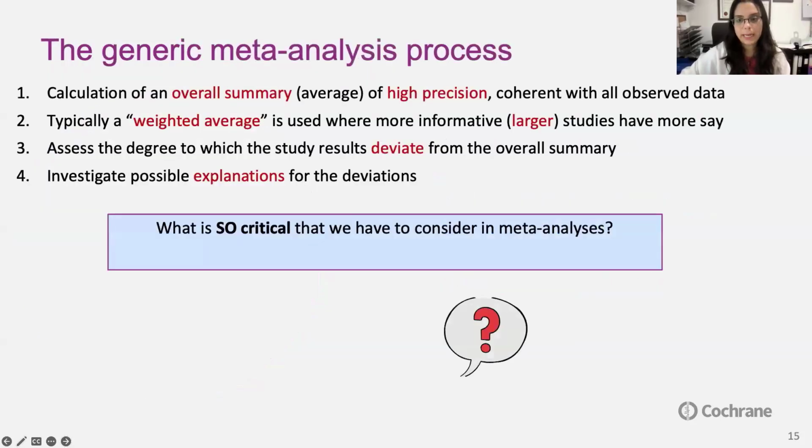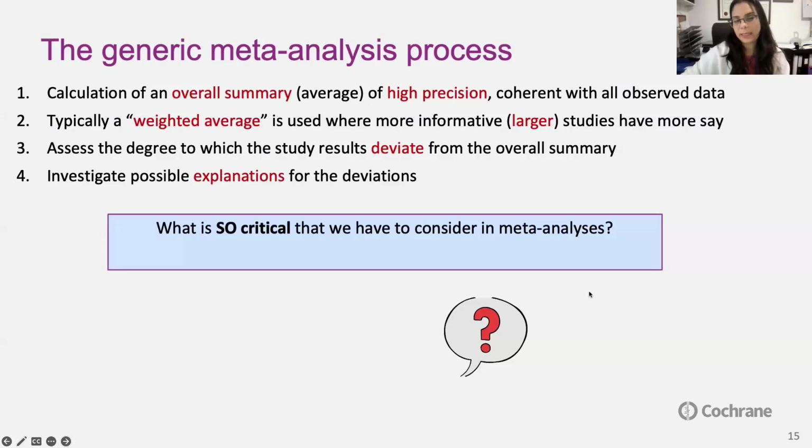Now, the general meta-analysis process involves calculation of a weighted average to increase precision and power against, of course, the individual studies. We also evaluate heterogeneity and we investigate reasons for the variation. So that's the regular process in intervention reviews.